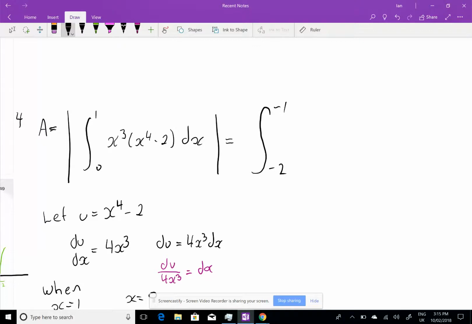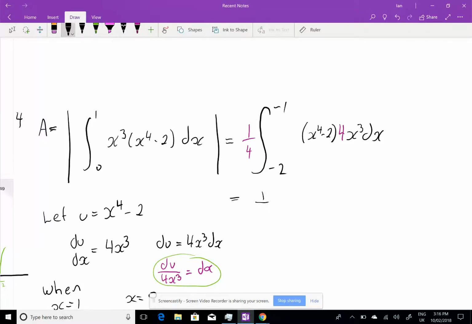Okay, so this is going to equal, I've now got x to the 4 minus 2. I'm going to move this x cubed to the other side, dx, and now I'm going to put a 4 in. I'm going to take a 4 out. I find that much easier, but if you want to just substitute this whole thing in, that's okay too.